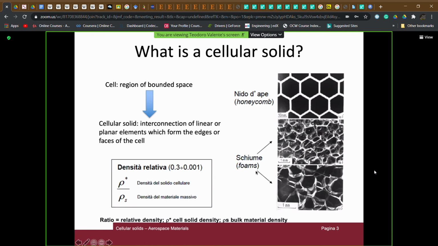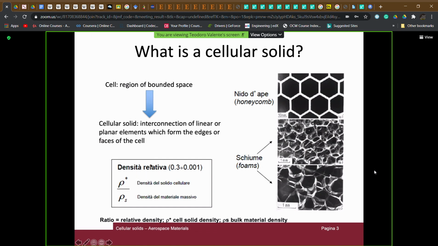What the young scientist said, that is materials which are 99.9% void, with no mass, is expressed, technically speaking, by the relative density.